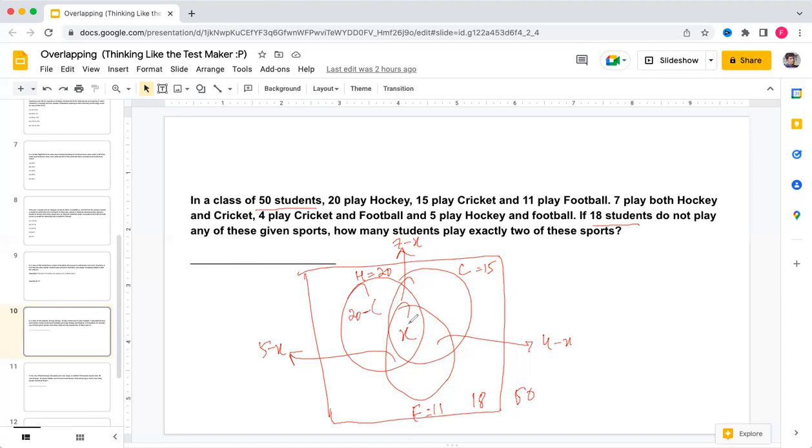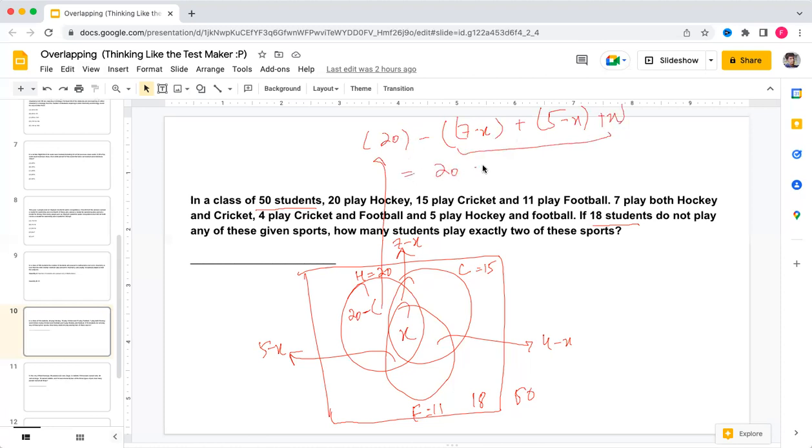Now subtract these 3 from this. So this will be 20 minus 7 minus X plus 5 minus X plus X. So this whole thing is subtracted from this 20.